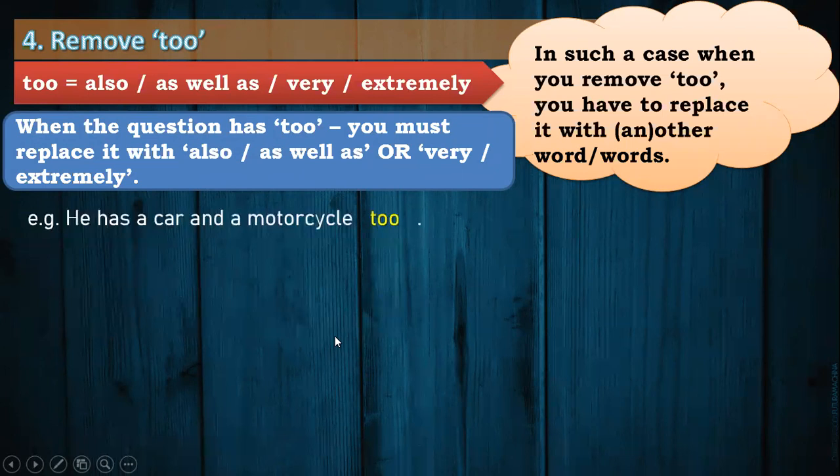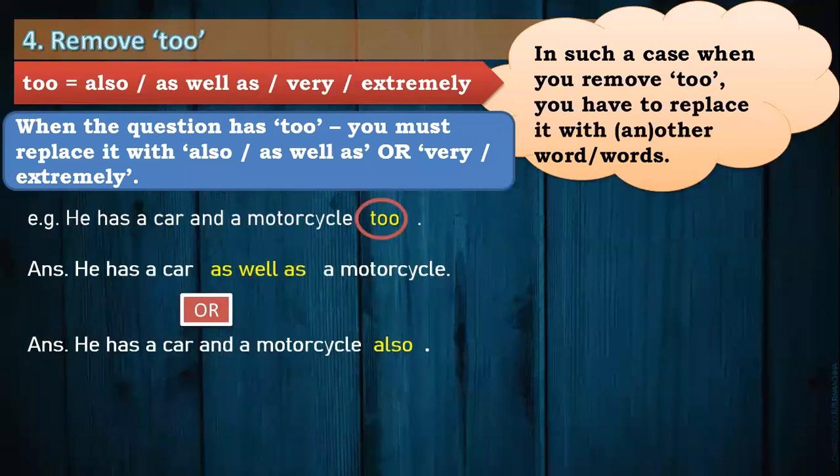So here we have, he has a car and a motorcycle too. So in this case, how are we going to deal with this? Exactly, we are going to replace it with also or as well as. That means he has a car as well as a motorcycle, or he has a car and motorcycle also.